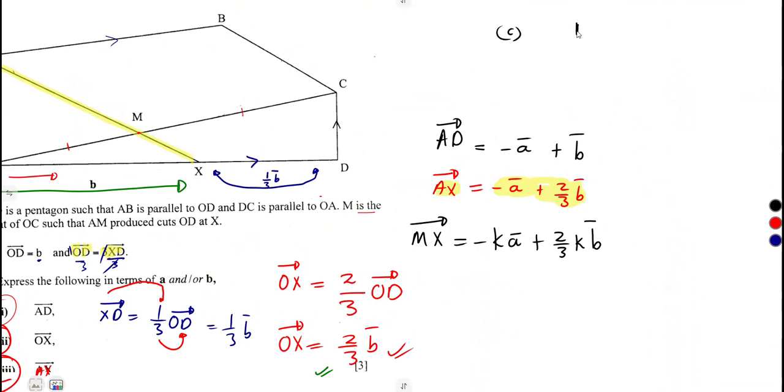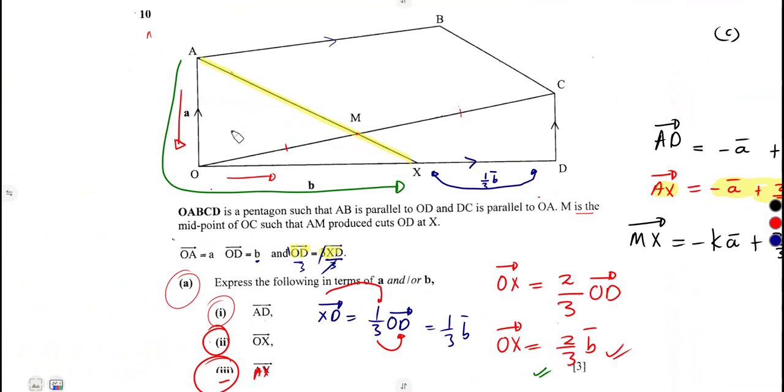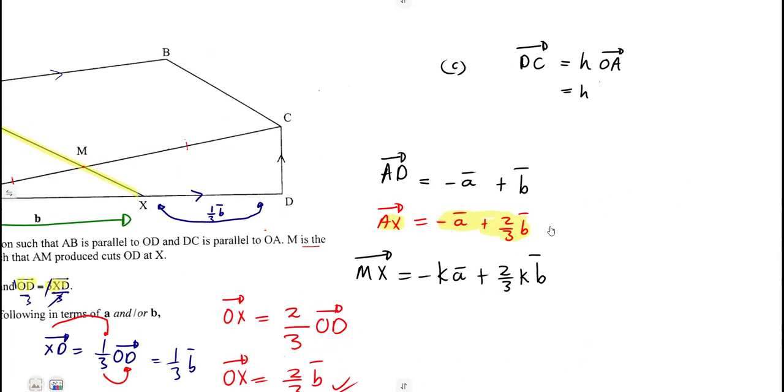We are given that DC is equal to h times OA. So that's h times OA. Vector OA was originally given from O to A as vector a, so that's simply vector a here. That's our vector DC.